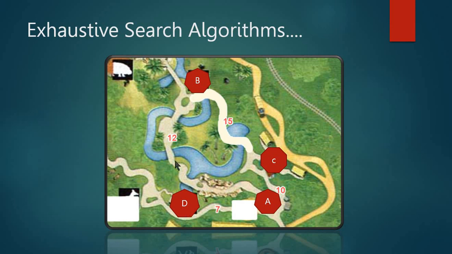This is a whole route, and the numbers 7, 12, 15 and 10 tell us how many minutes it takes: A to D is 7 minutes, then D to B 12 minutes, B to C 15 minutes and C to A 10 minutes. That's how these are all connected.